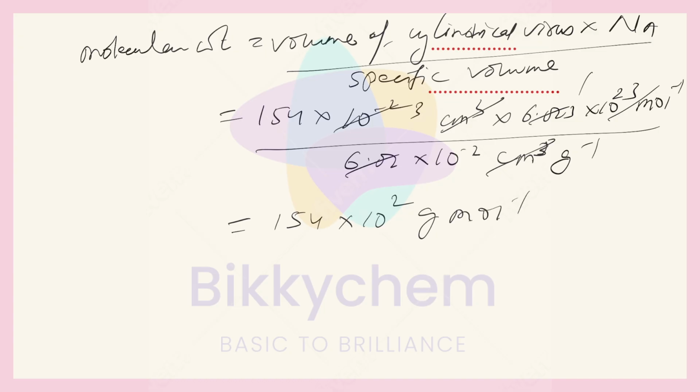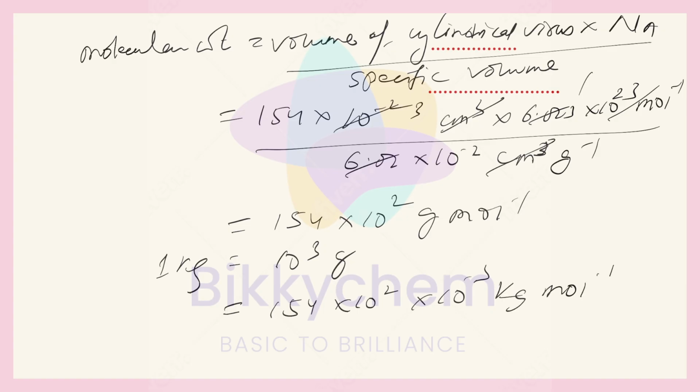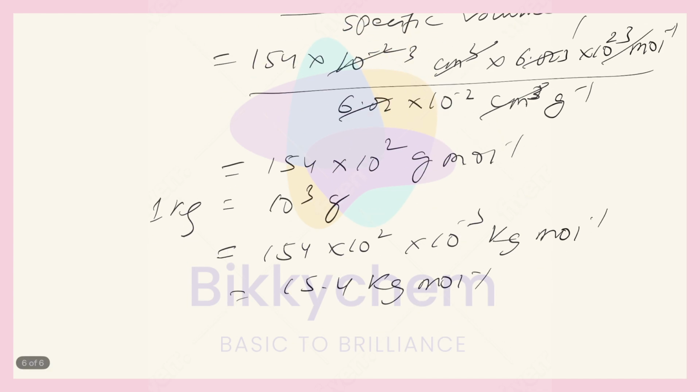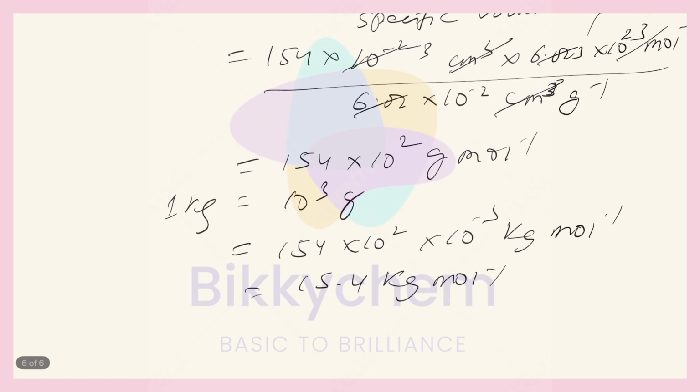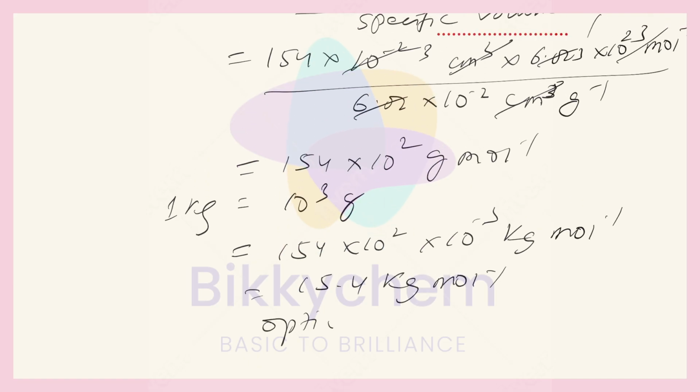Since we need to find the answer in kilograms, and we know that 1 kilogram equals 10^3 gram, we rewrite the answer as 154 × 10^2 × 10^-3 kg per mole, converting gram into kg. So it will be 15.4 kg per mole. Hence option A is the right answer.